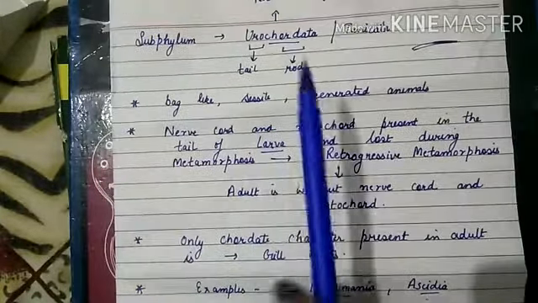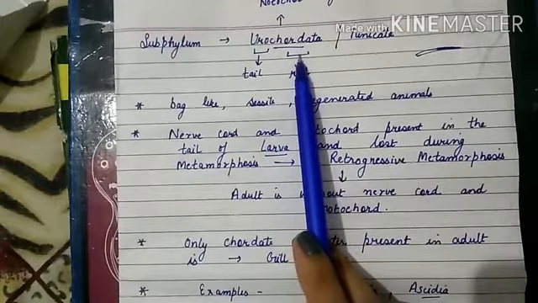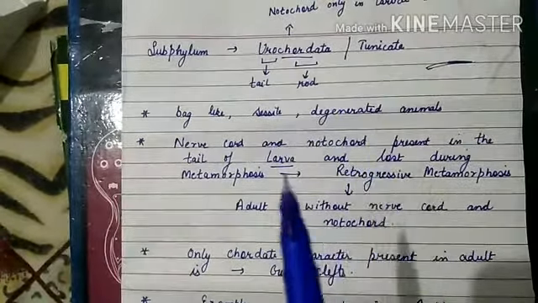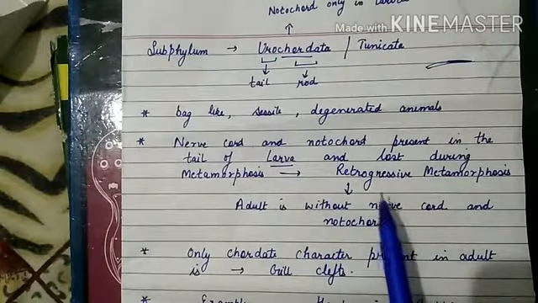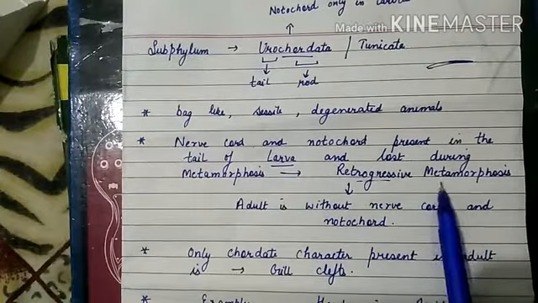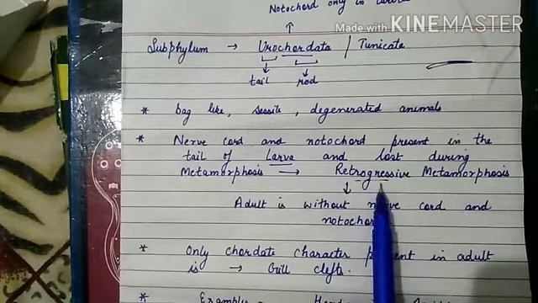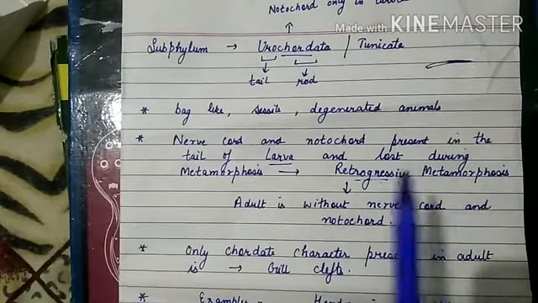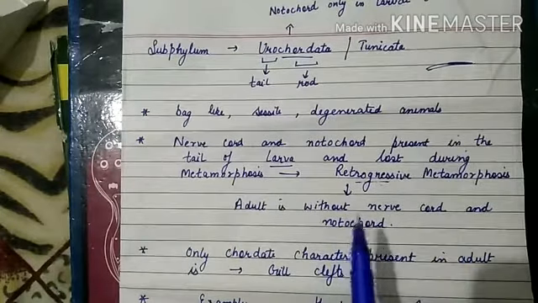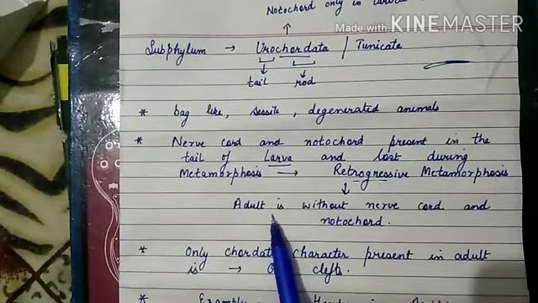In subphylum Urochordata, the notochord is present only in the larval tail. Another unique feature is a phenomenon referred to as retrogressive metamorphosis. The nerve cord and notochord are lost in the adult stage.